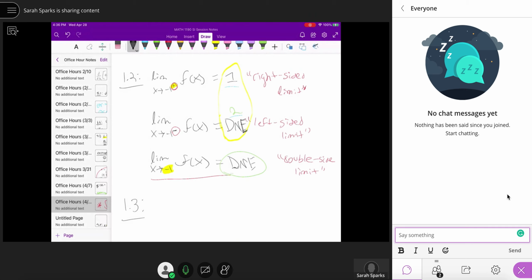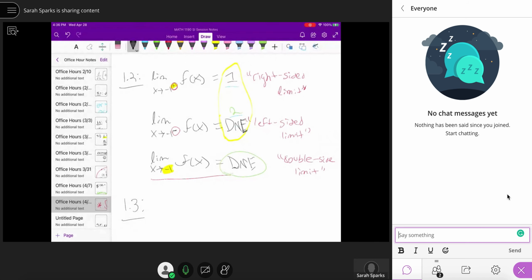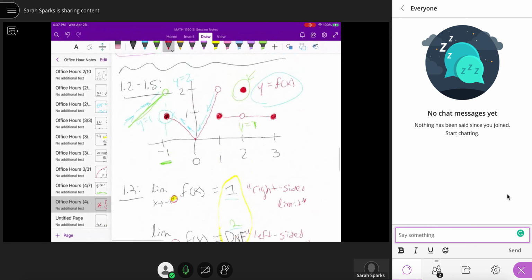Can you hear me okay? I just want to make sure. Okay. All right. So for 1.3, it's asking for the limit as x goes to positive 1 from the right side. So we know it's a right-sided limit, and we're looking at positive 1 this time.